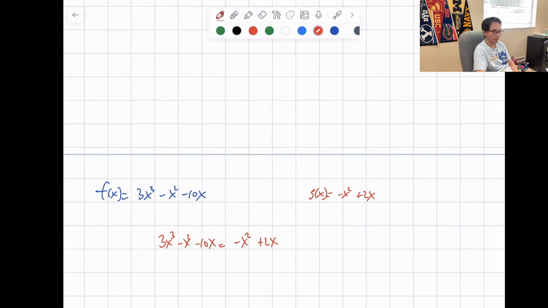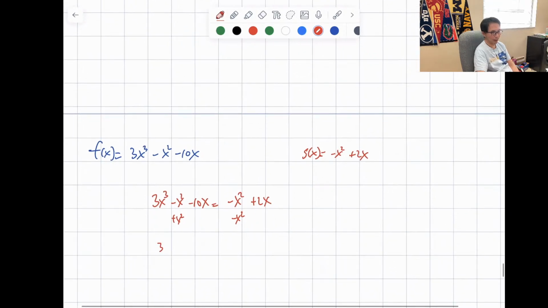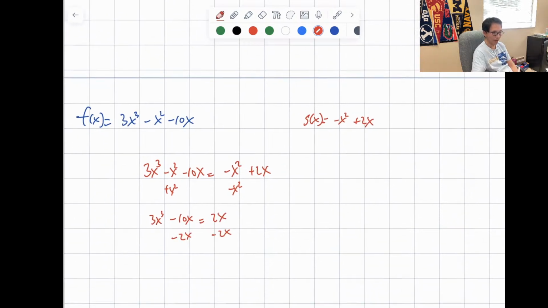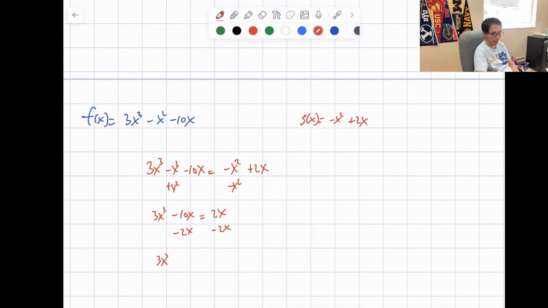So you should get 3 solutions. That's going to give you 3x cubed minus 10x equal to 2x. I'm going to subtract 2x on both sides. That's going to be 3x cubed minus 12x is equal to 0.